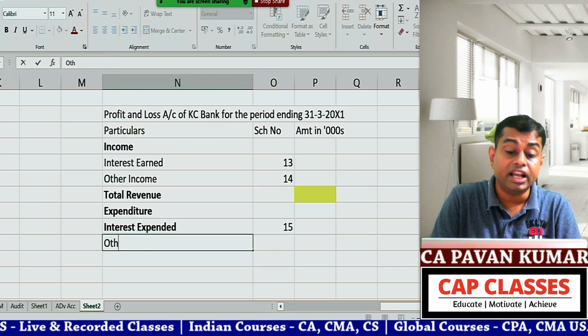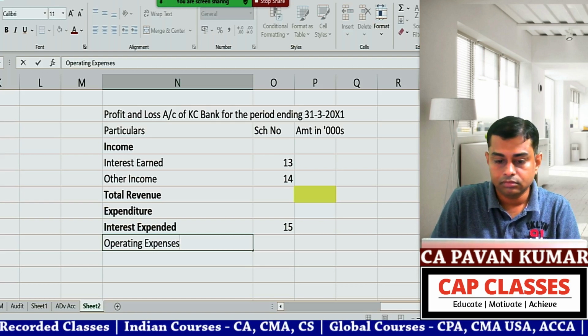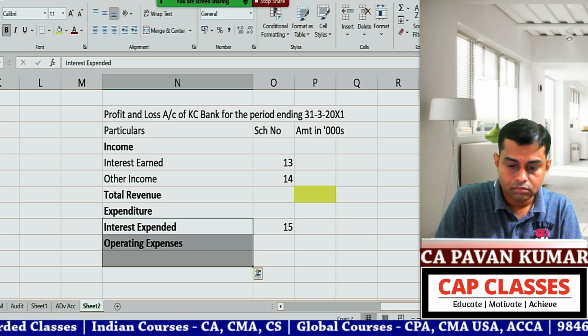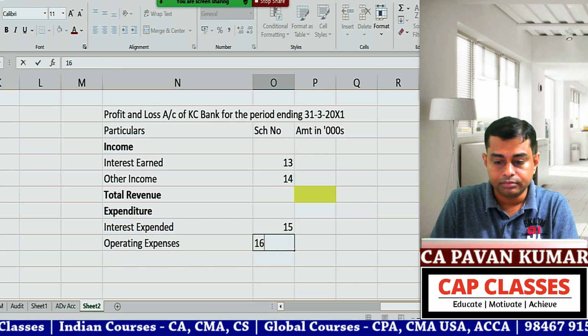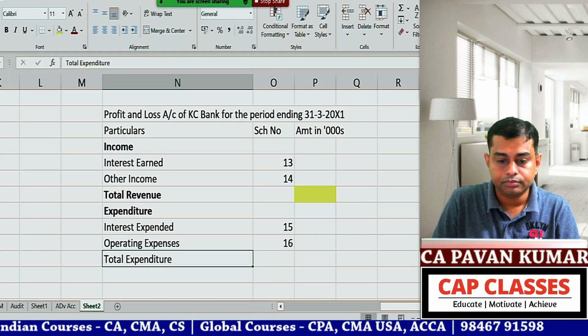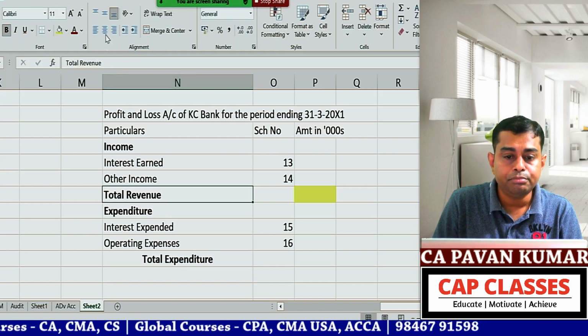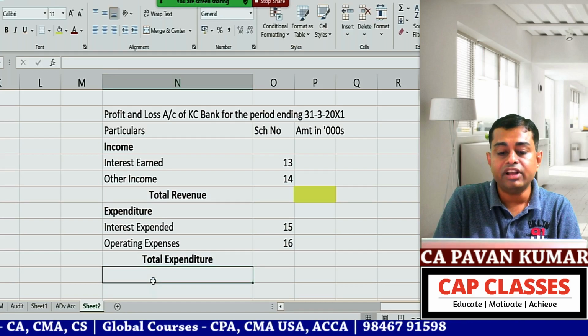Operating expenses, not other expenses. Operating expenses, 16. Total expenditure. Okay, and this is a simple pro forma. Then here we write the schedules.